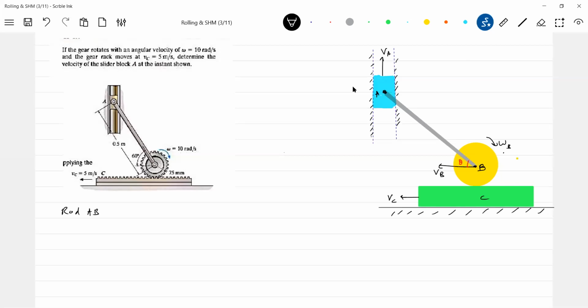VA cos theta, theta is 60, no? So therefore this will be 30. So VA cos 30 should be equal to VB cos 60.